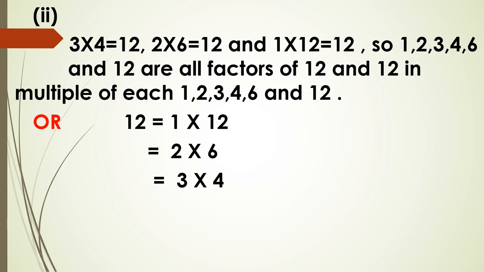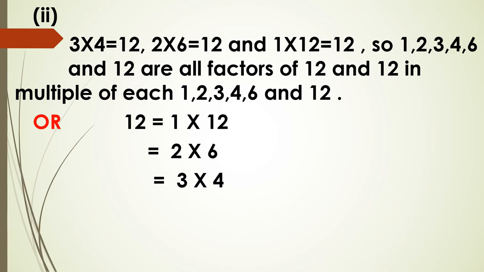So how will we find out? 12 equals, start from the smallest natural number, that is 1. 1 multiplied by 12 is 12. Then see whether 12 comes in the table of 2 or not, or we can say, is 12 divisible by 2 or not? Yes. So 2 multiplied by 6 is also 12. Then 3 multiplied by 4 is also 12.